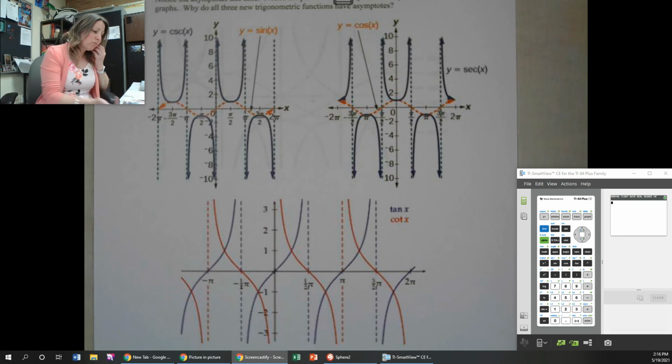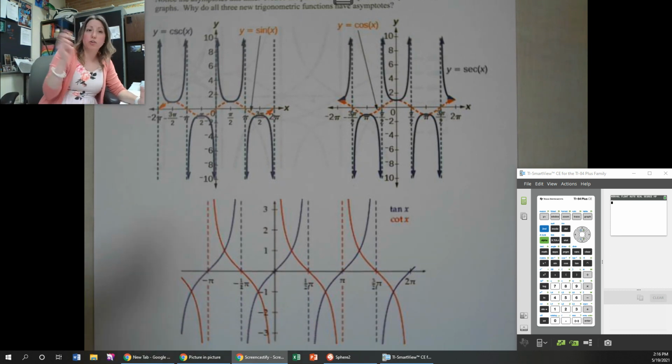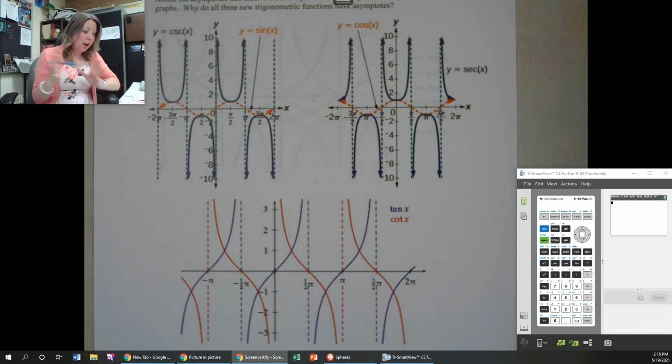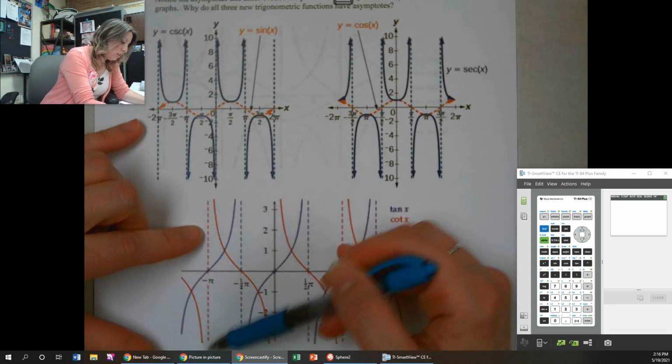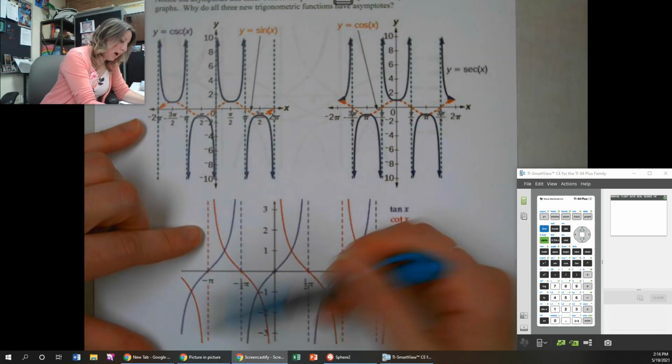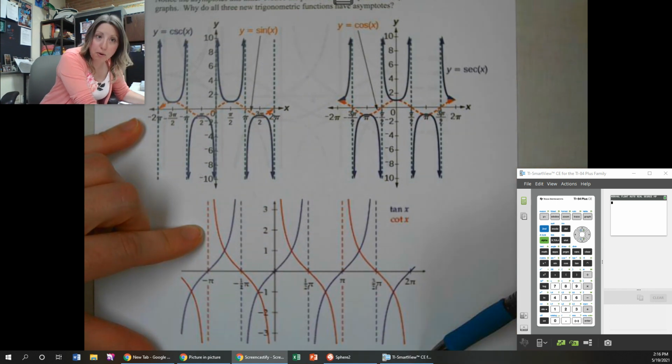All right? So that also means that cotangent is just the inverse of tangent on the graph. So notice their asymptotes will also scooch over, right? So the red asymptotes are for cotangent. So those are going to now be at pi and 0 and pi and 2 pi.